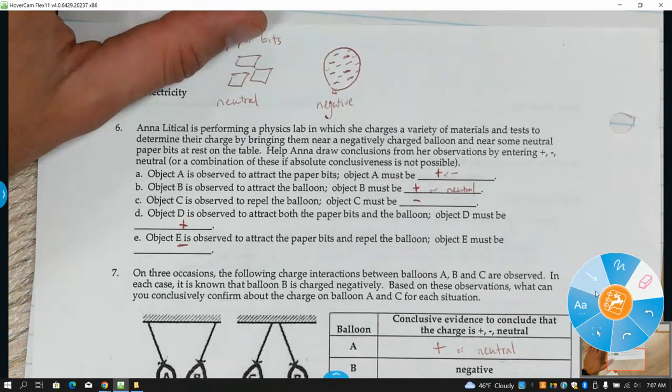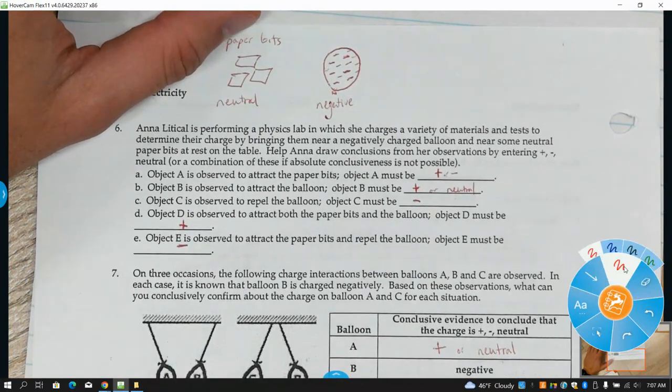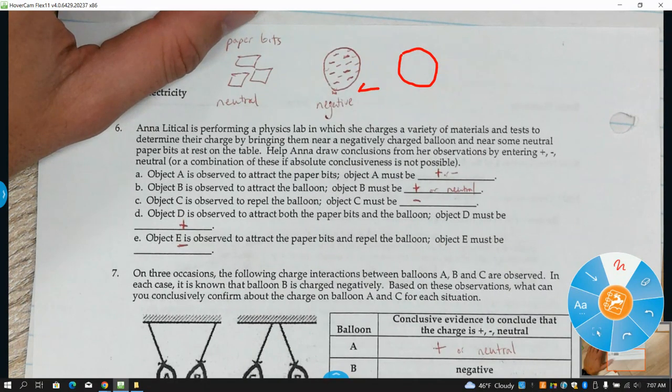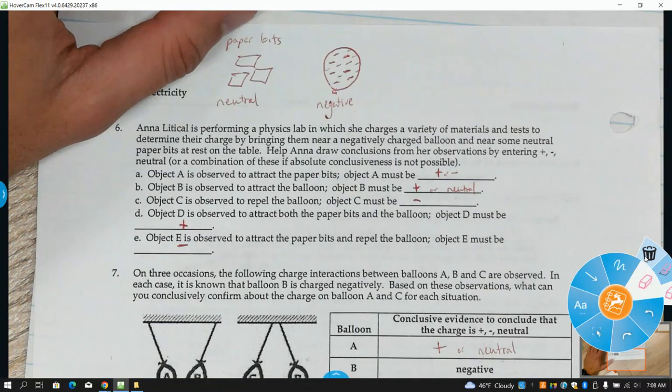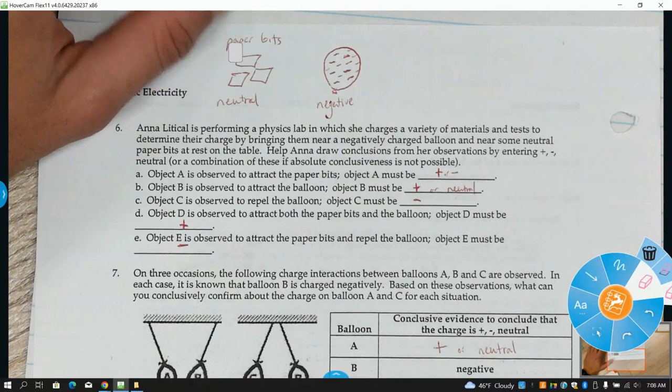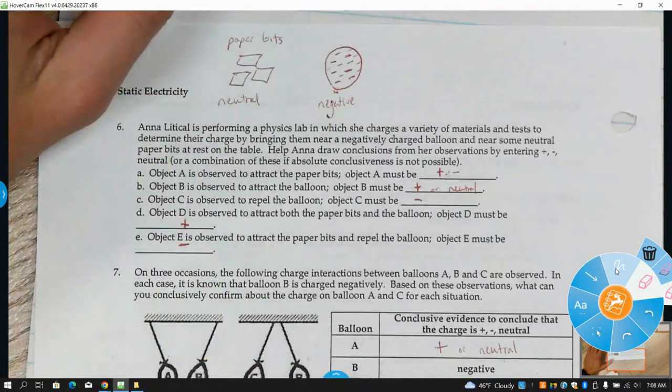Object C was observed to repel the balloon. So the only way these two things would repel each other is if it had the same charge. So whatever this object is, it would have to be negative. Object D attracts paper, so it would have to be either positive or negative, but then it also attracts the balloon.